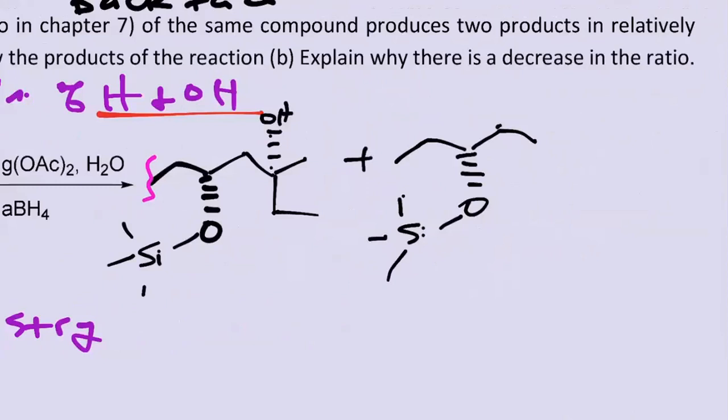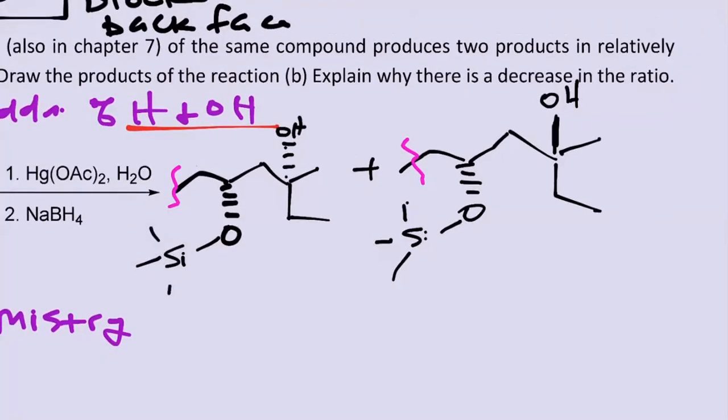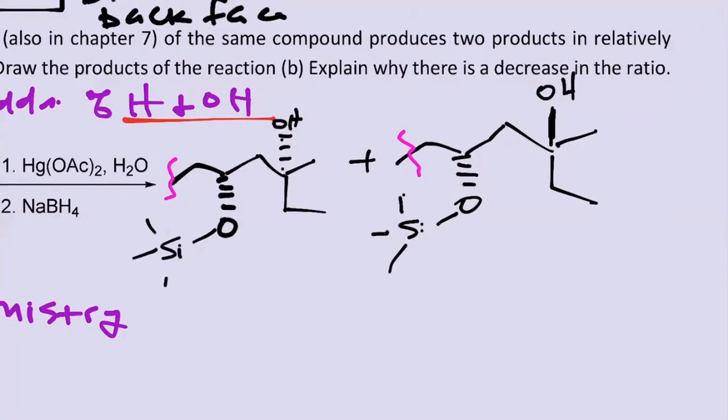Guess that's one of the drawbacks of not having a real whiteboard. So my OH would be here. Is that right? Yes. So I have the one alcohol where they're both on the same side, and then one where they're on opposite sides. Let me fix this. That's not a radical.